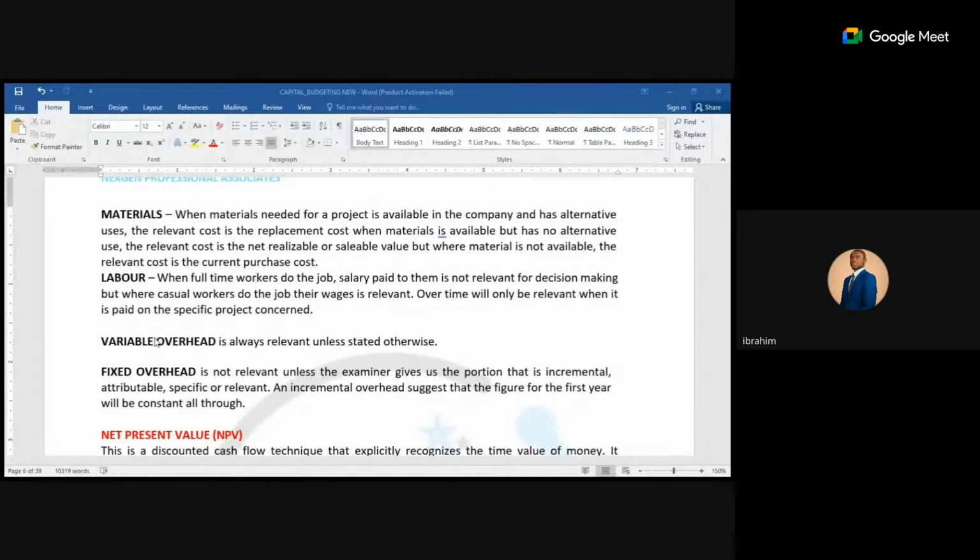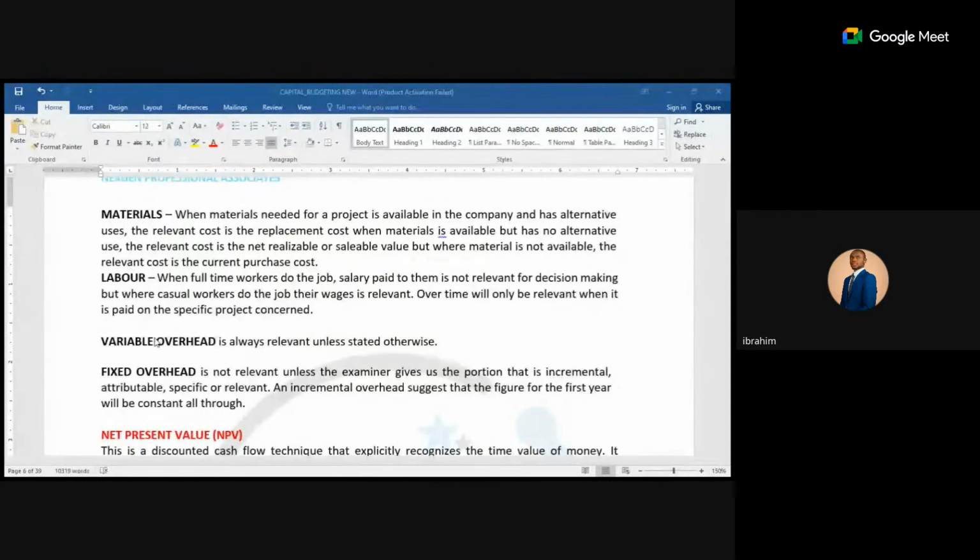But what is relevant here is casual labor, right? Casual labor that you just employ to come and do one or two things in this particular project. So the relevant cost will be the amount you pay as wages to the casual workers. Therefore, it is relevant. Then if there's any overtime, it will only be relevant when it is paid on the specific project concerned.